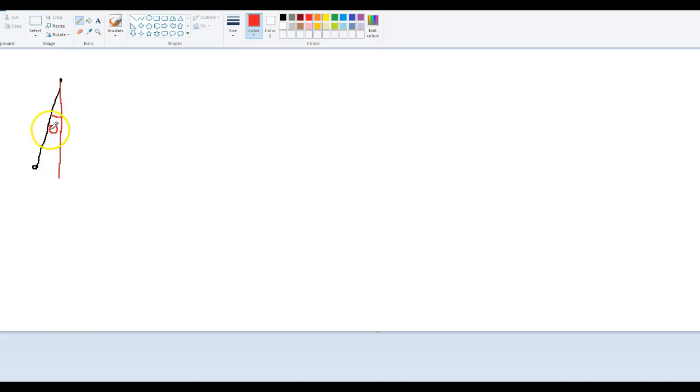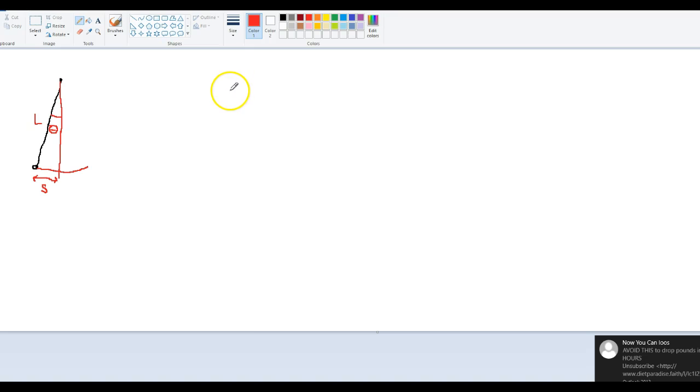We like angles called theta, and we have the oscillation that goes like this. This distance from here to here, we're going to assume is straight, and we're going to call it S. And then the distance here, we're going to call it L. Let's do a free body diagram of this.